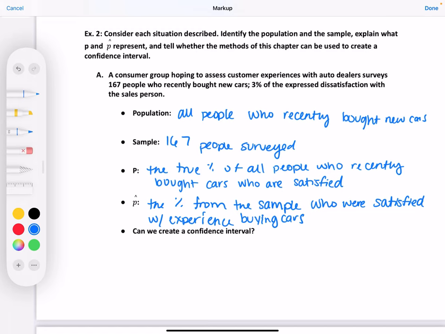So then the question of, can we create a confidence interval? We need to check the conditions. So, is it independent? Yes. So each person doesn't affect the next person. Is it random? Or do we know if it's random?